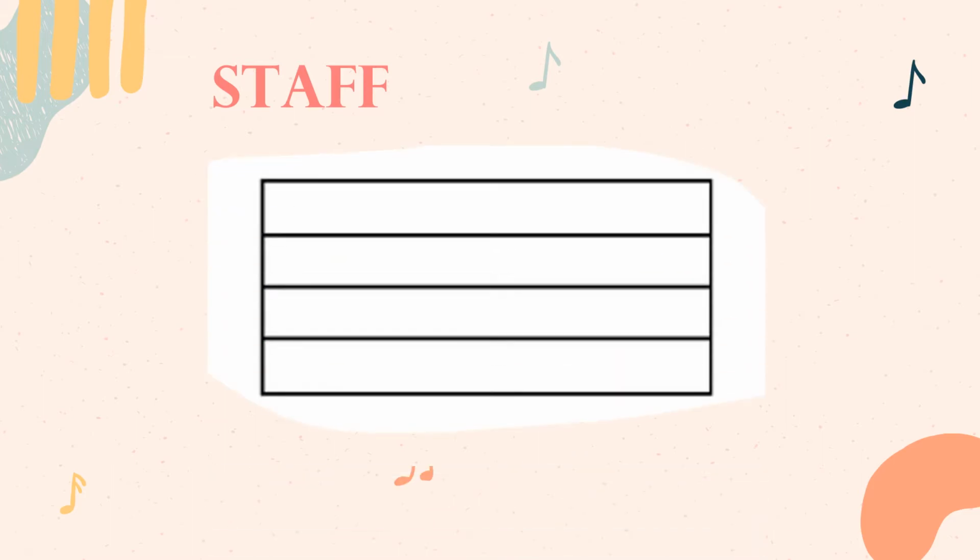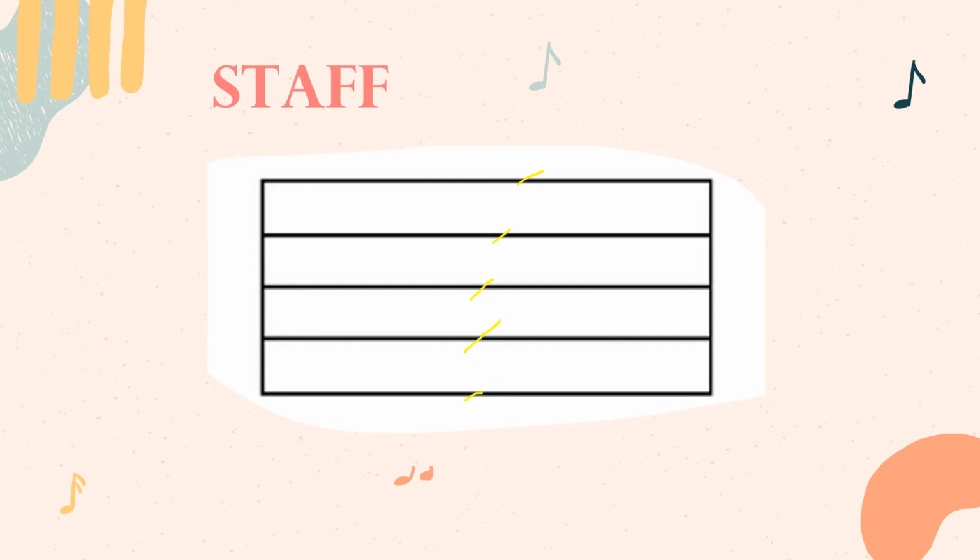Okay, so first we have the staff. Who can guess or who can describe what a staff is? Anyone? Okay, so this is what a staff looks like. It has 5 lines, so let us count. 1, 2, 3, 4, 5.